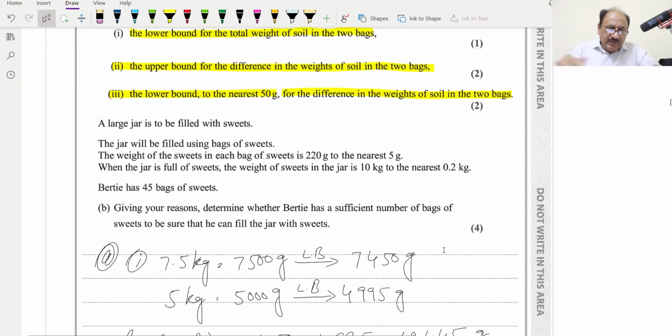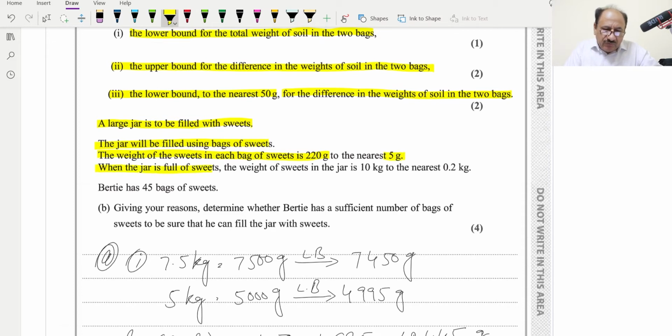Now the next part of the question. A large jar is to be filled with sweets. The jar will be filled using bags of sweets. The weight of the sweets in each bag is 220 grams to the nearest 5 gram.